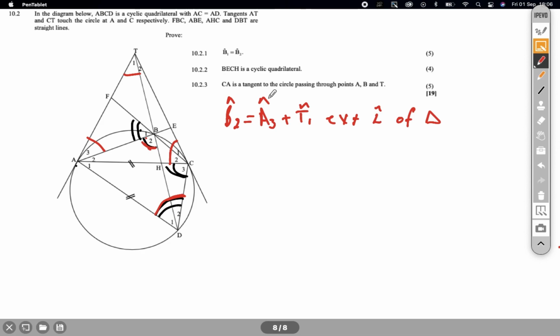Okay, and then we had in the last question that B2 is equal to C1 plus C2. Remember we proved this. And then AT is equal to AC, tangents from the same point.